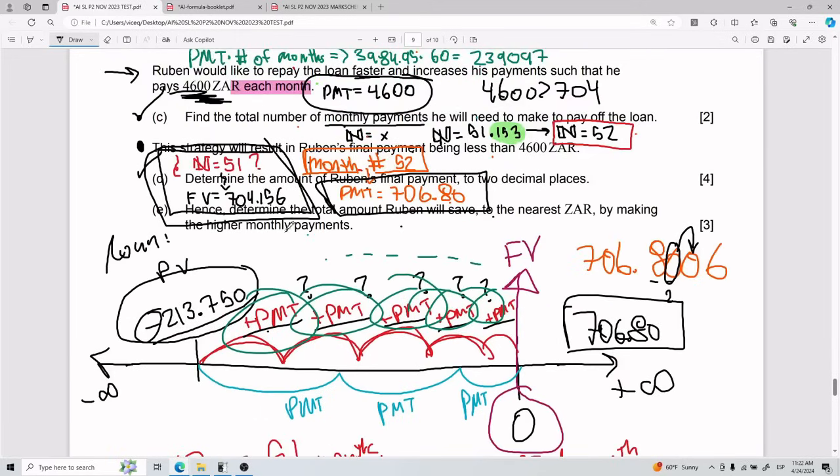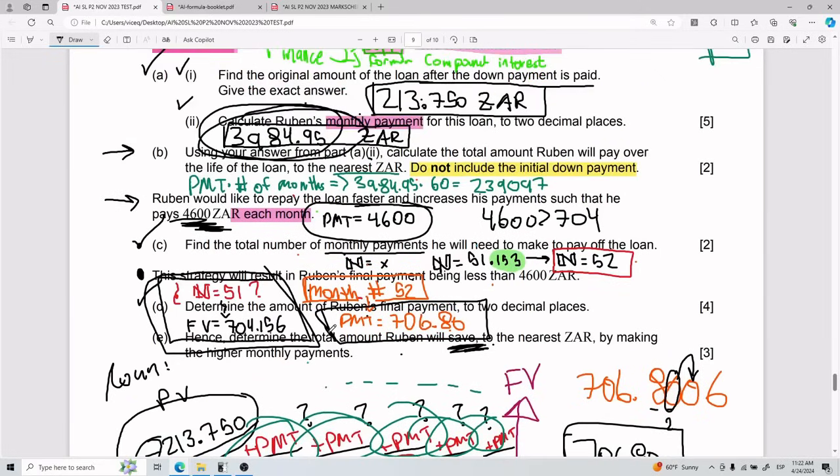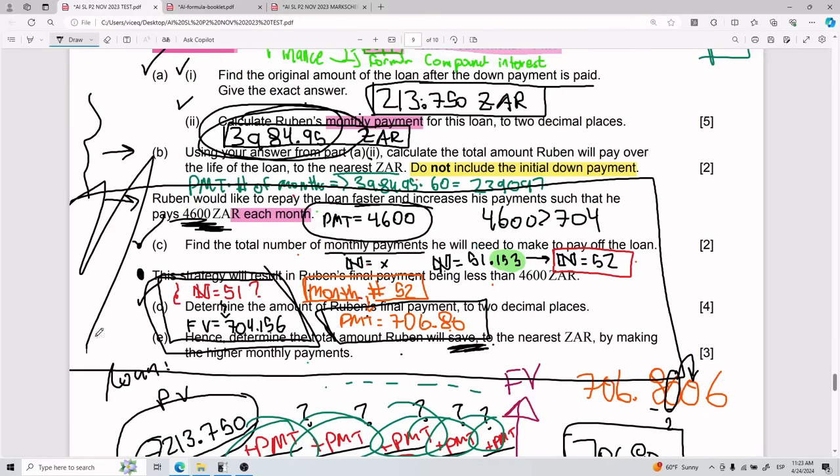But part E is asking how much will he save because he chose to pay the higher monthly payment. In the context of the problem, in which part was he paying with the lower amounts per month? Everything before this paragraph is going to be less, right?